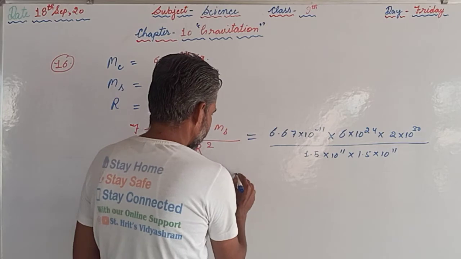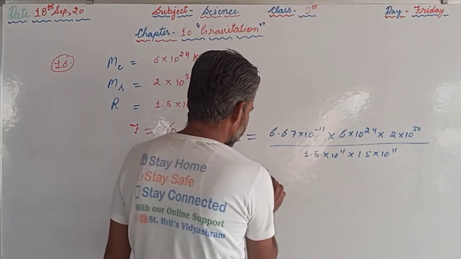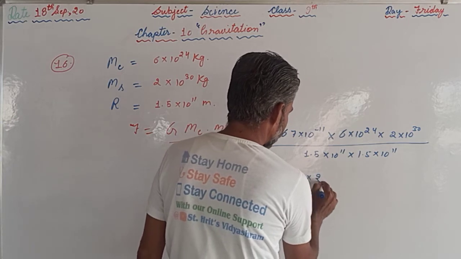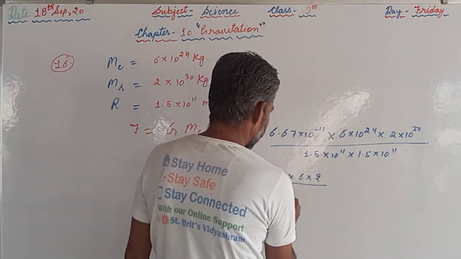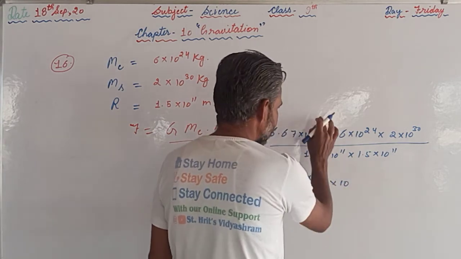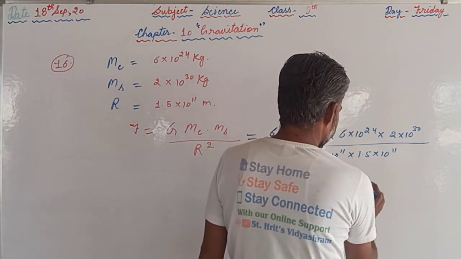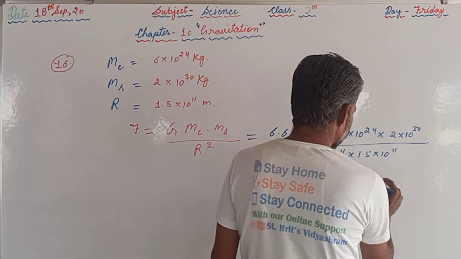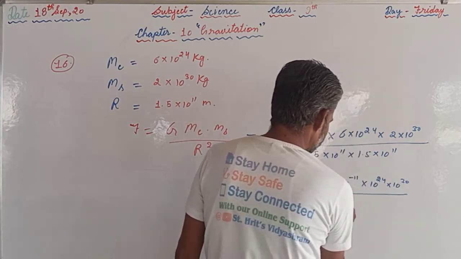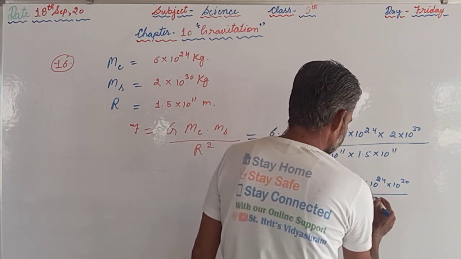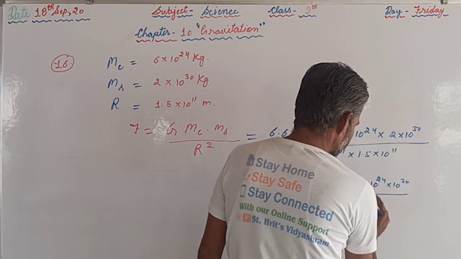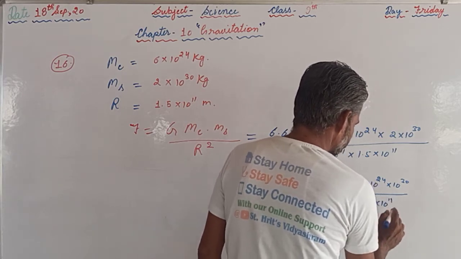So from here we will segregate the decimal terms: 6.67 into 6 into 2 upon 1.5 into 1.5, into 10 raised to the power minus 11 into 10 raised to the power 24 into 10 raised to the power 30, upon 10 raised to the power 11 into 10 raised to the power 11.